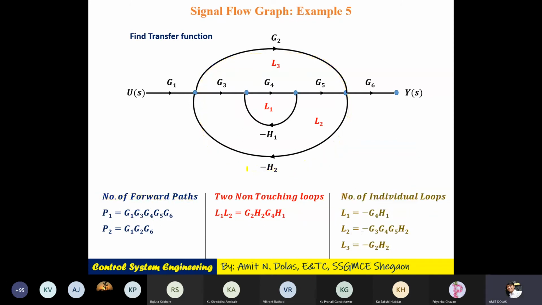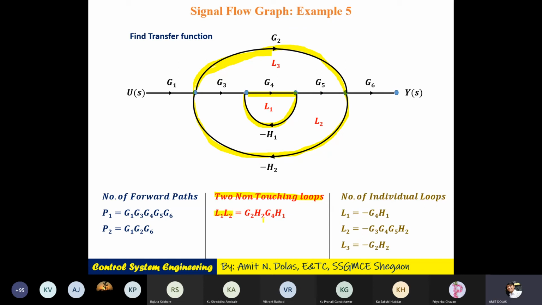Two non-touching loops are what? Let's see. This is L1. This round is L3. These two are not touching. The rest: L2 is touching with L1, and L3 is touching with L1. Sorry, L3 and L2 are touching together. So L1 and, again, I did the same here.